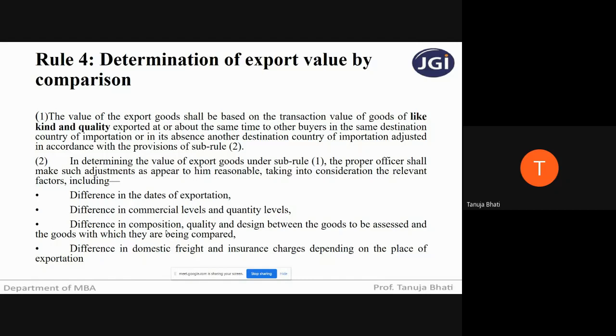So simply, rule number 4 says that if rule number 3 is not applicable, you take the value of exported goods as the value of like kind and quality which has been exported at about the same time, either to the same buyer or other buyer, either to the same destination or some other destination.